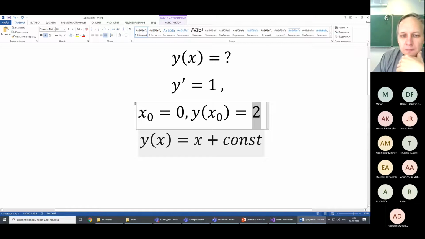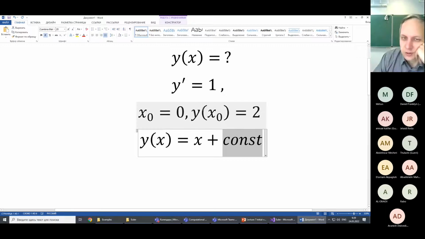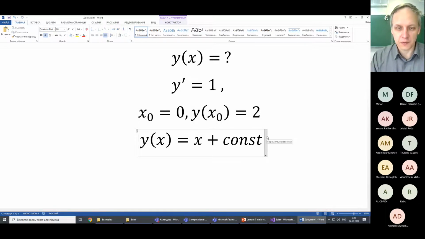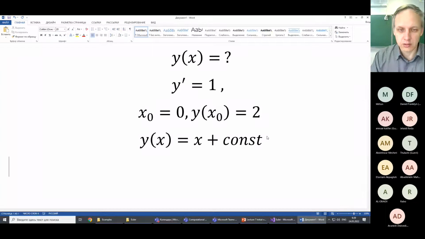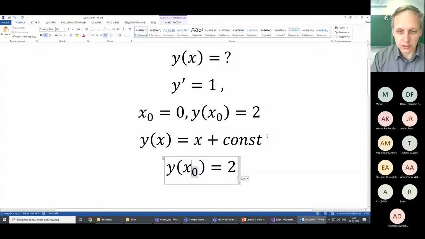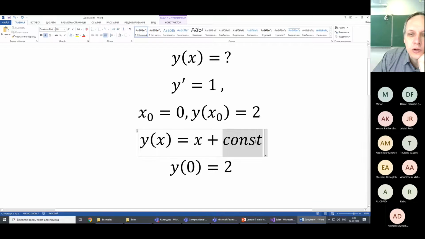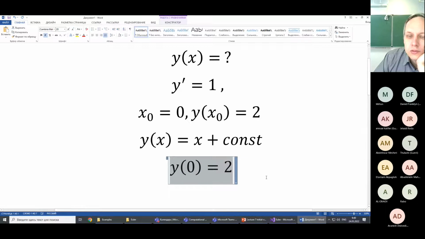It means that I can fix this constant from this initial condition. If I have this general solution, y of x equals x plus constant, and y of 0 equals 2, what is the value of this constant that will satisfy this condition?